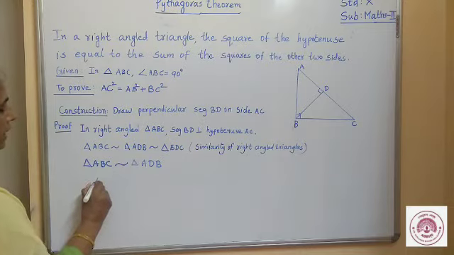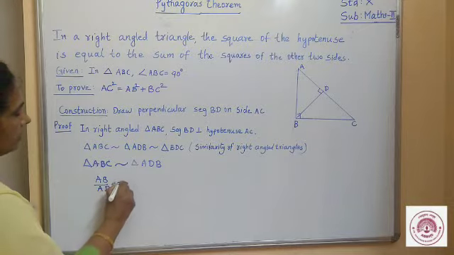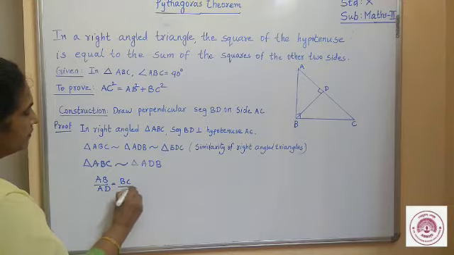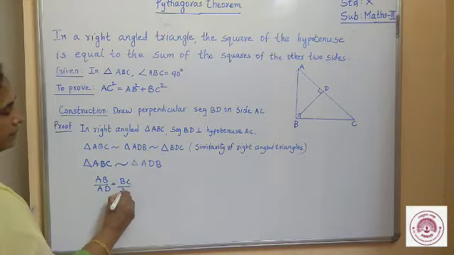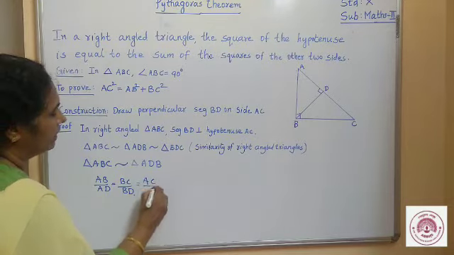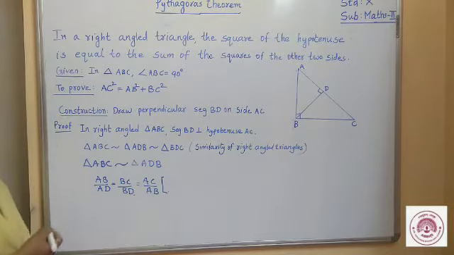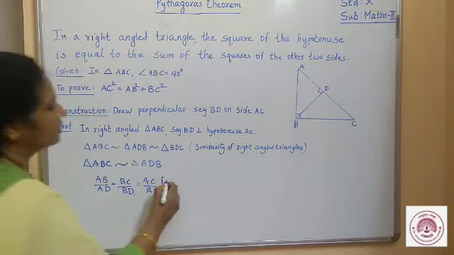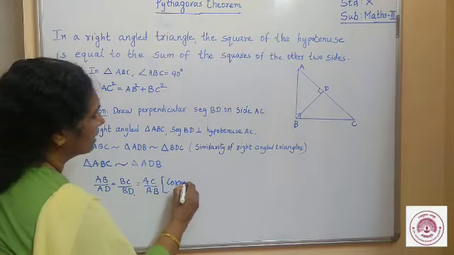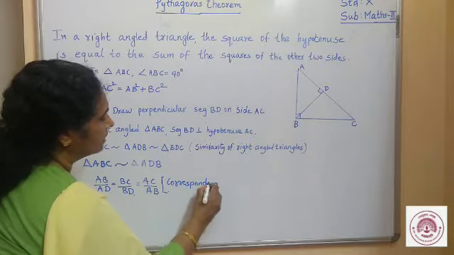So we can write AB upon AD is equal to BC upon BD is equal to AC upon AB. The reason is corresponding sides. If triangles are similar, corresponding sides are in proportion.